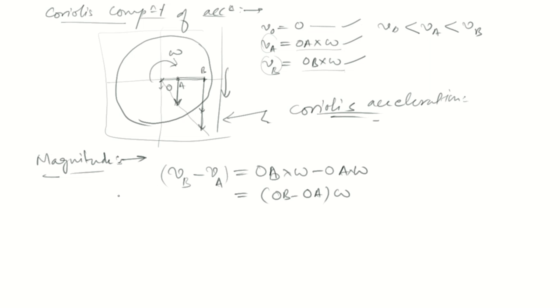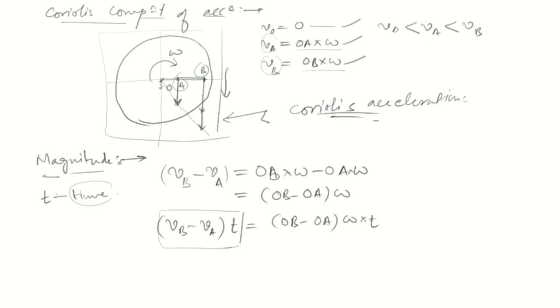Now let us multiply with a constant t, which is the time taken by the object to move from point A to point B. (VB minus VA) into t is equal to (OB minus OA) into omega into t. The left hand side suggests that the velocity difference is multiplied with the time.